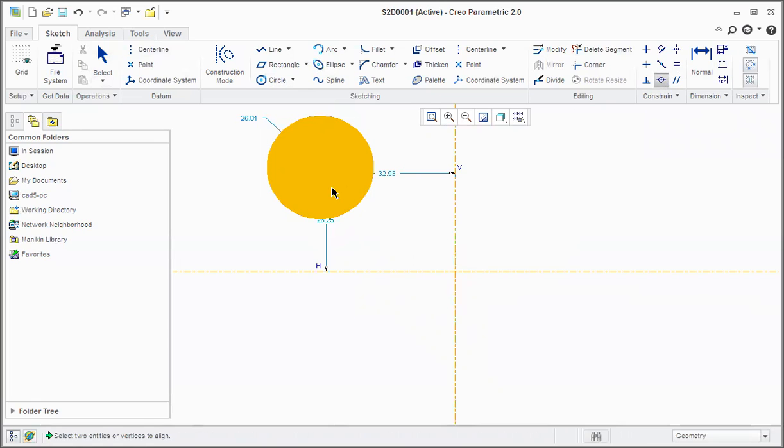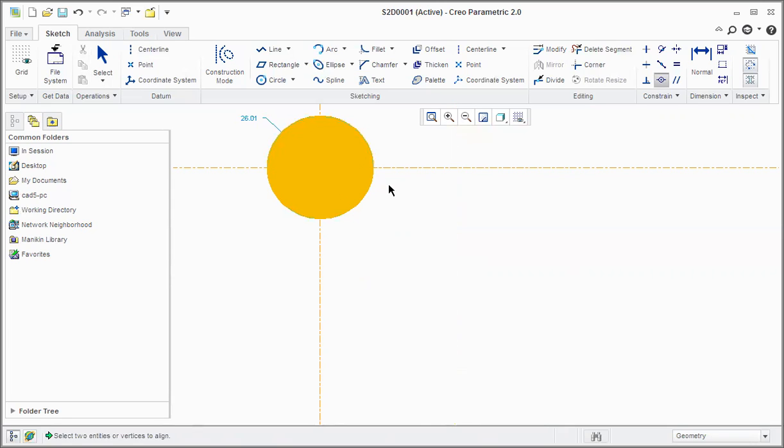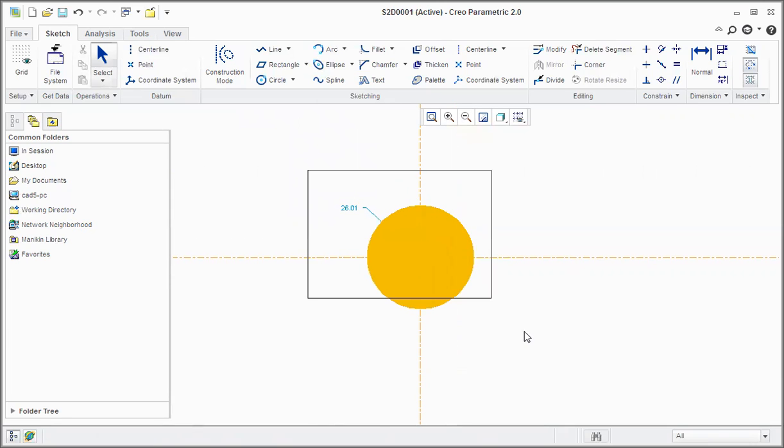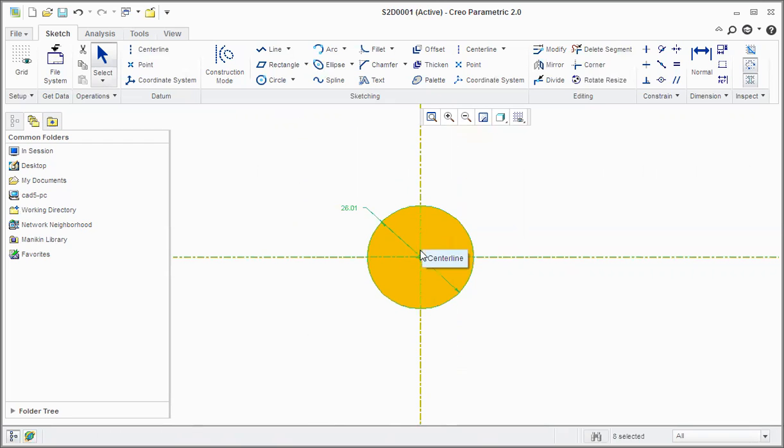First of all, click over there, then click on that midpoint and click on that intersecting point. So now this circle is coincident with that horizontal line. Now just by clicking the midpoint and then the vertical line, it gets coincident with this vertical and horizontal center line.